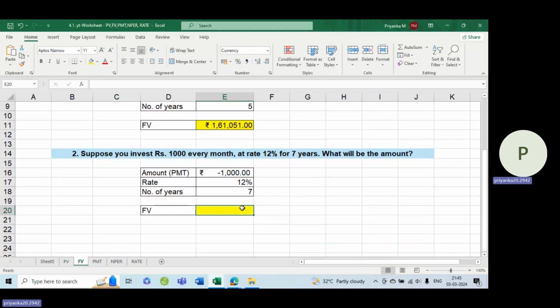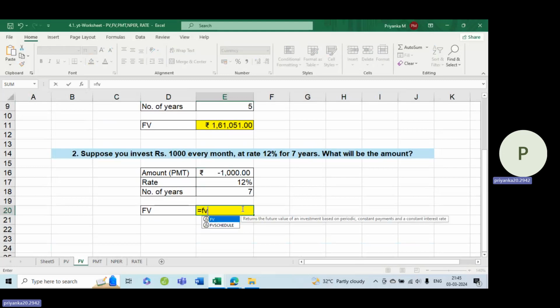So what we are going to do is equal to future value, tab. What is going to be my rate? My rate is 12%. So here one thing we have to notice, we are actually doing it every month. So every month we are going to deposit 1,000 rupees.